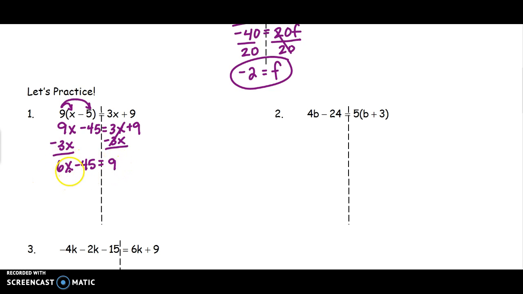Okay, our variables are here on the left-hand side, so we have to move what's not attached to it. So we would add 45 to both sides. And you get 6x is equal to 54. You then divide by 6, so x equals 9.